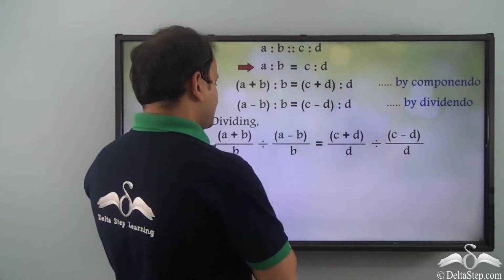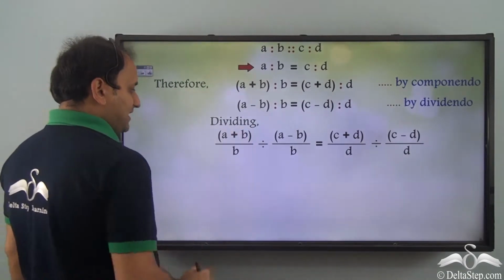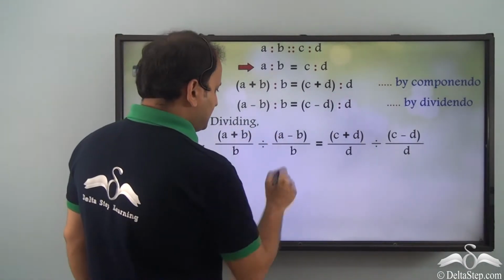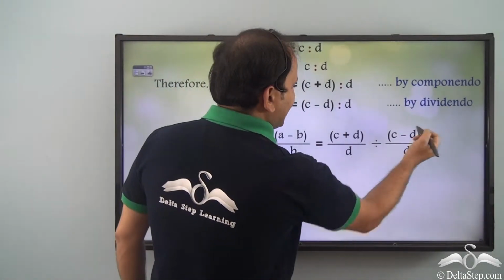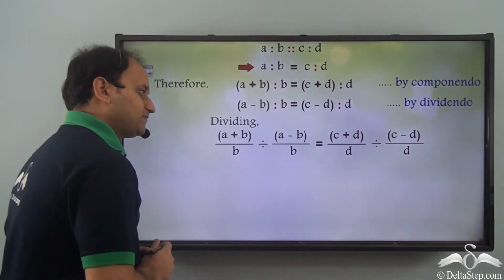We get this equation here. So A plus B by B divided by A minus B by B is equal to C plus D by D divided by C minus D by D.